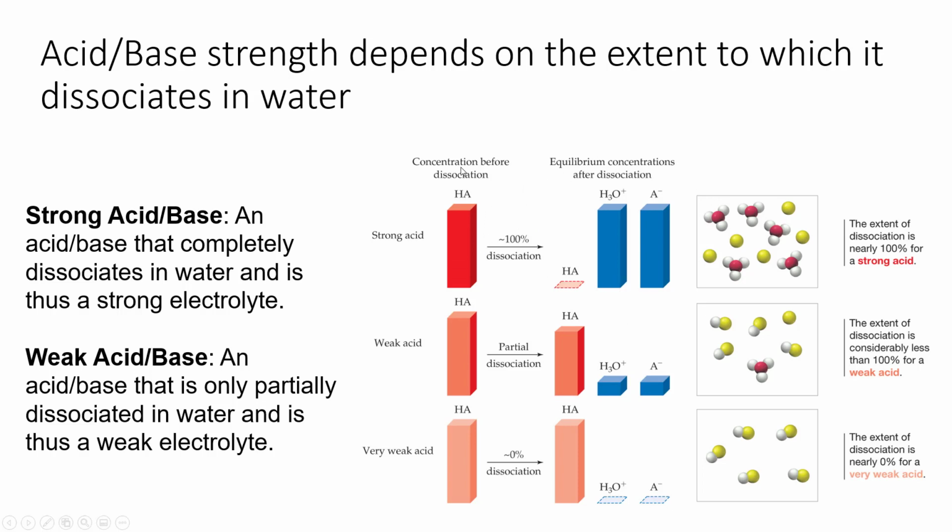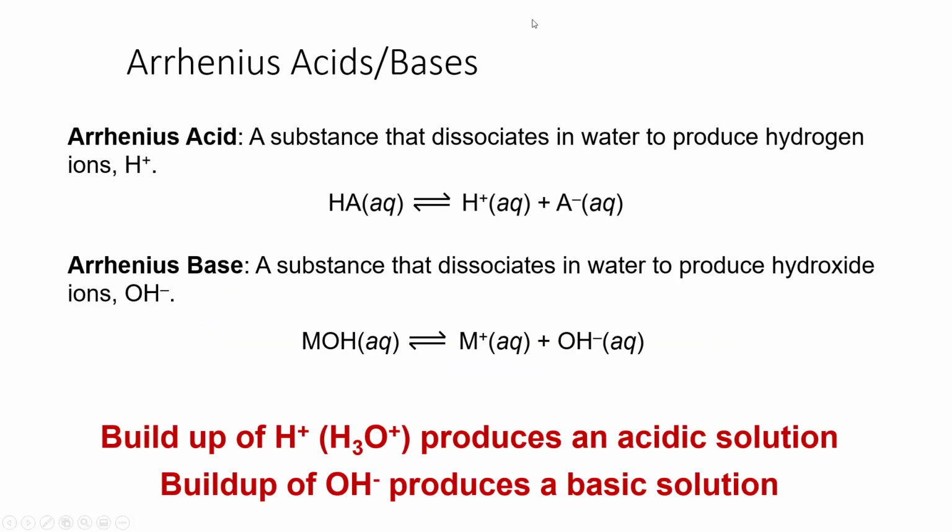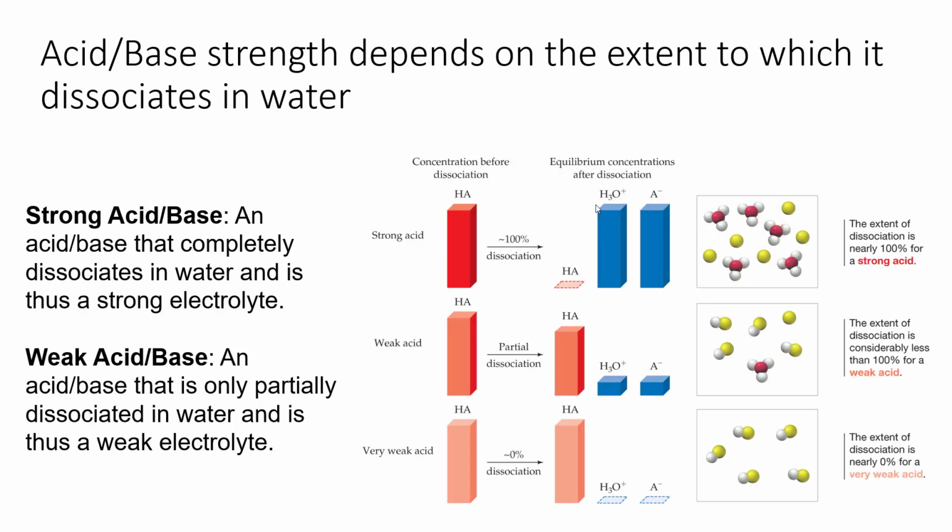Remembering the general format from two slides back, showing the dissociation of our acid into the hydrogen ion and our conjugate base, we can see that for strong acids there is practically zero concentration in the combined acid form, and it is entirely dissociated into its H+ or H3O+. Remember, we're going to use those terms interchangeably.